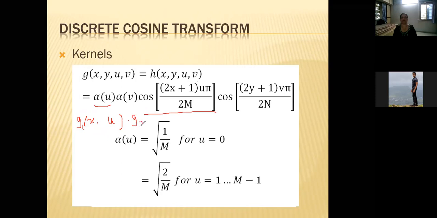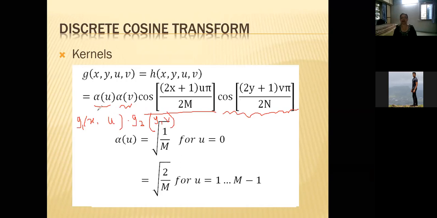And we can combine these two terms, alpha v into cos of (2y plus 1) v pi by 2n, and that becomes our g2 of y, v.